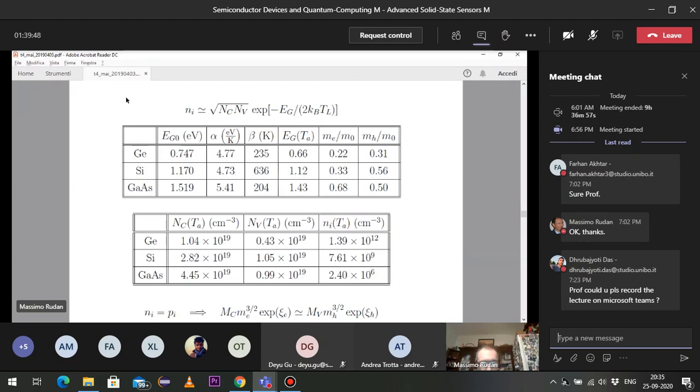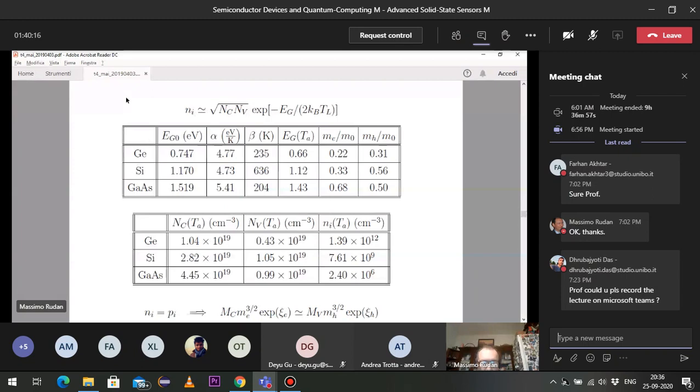So the effective density of states for the conduction band is of the order 10 to the 19th per cubic centimeter, and the coefficient is 1 for germanium, 2.8 for silicon, and 4.5 for gallium arsenide.